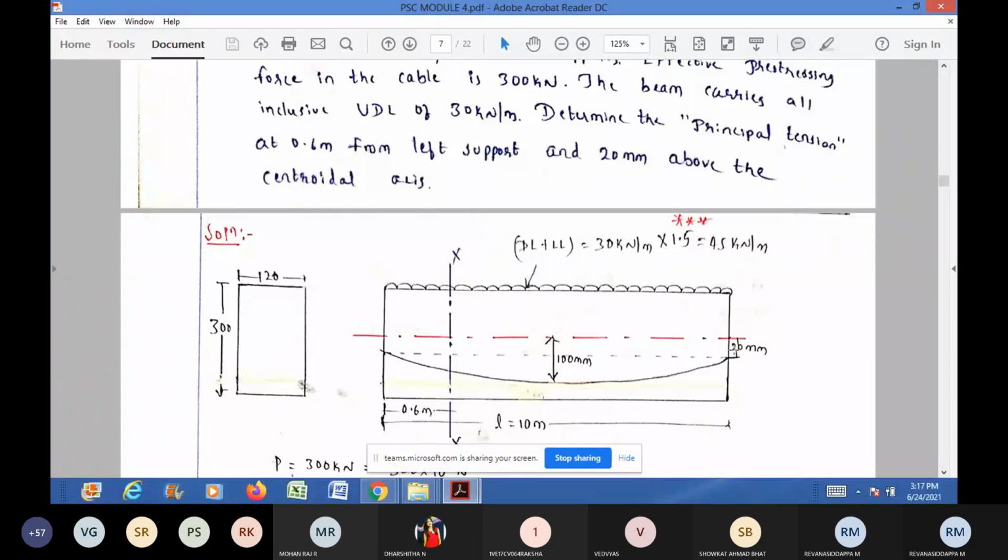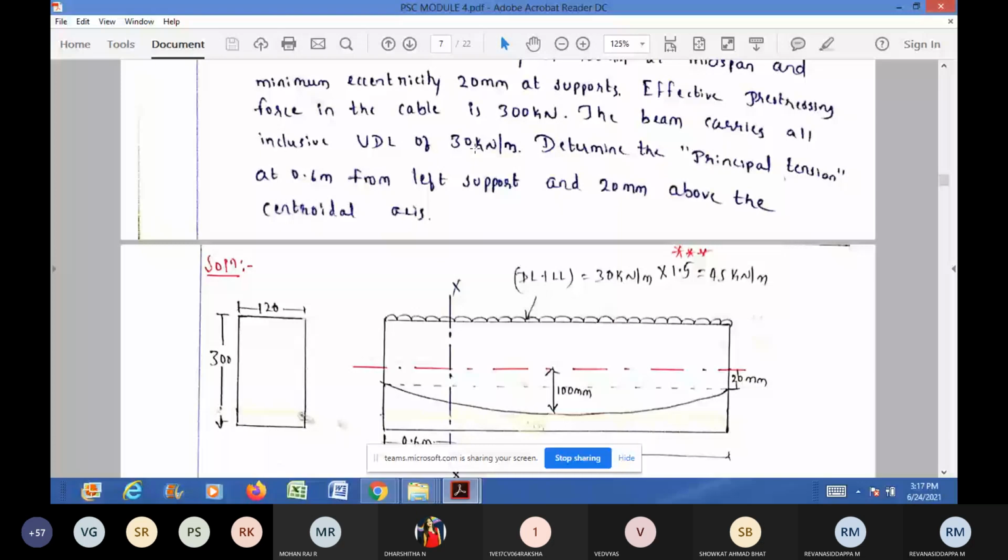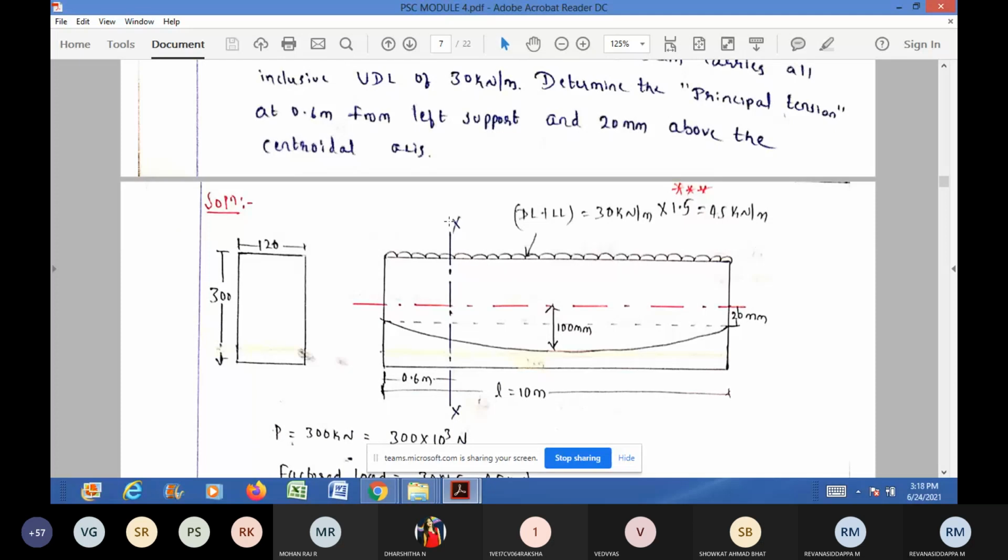And you also draw a section XX at distance 0.6 meter from the left support. At this section only we need to find the principal stresses. Therefore, you draw a section at 0.6 meter from the left support.